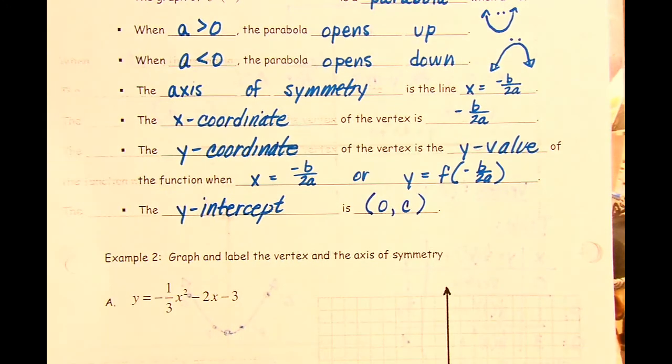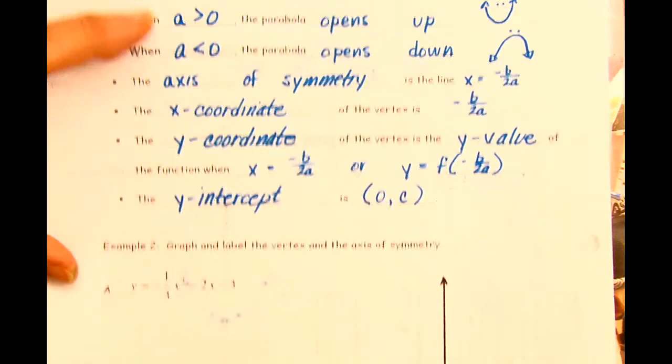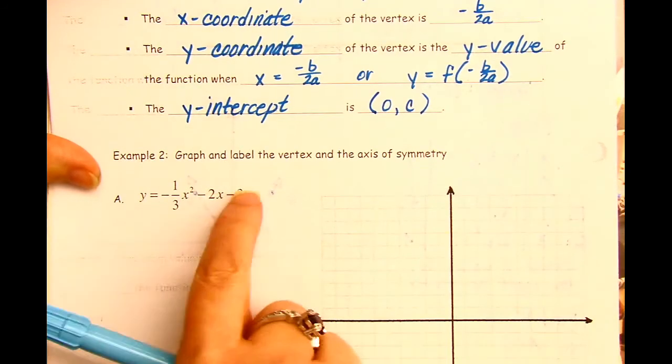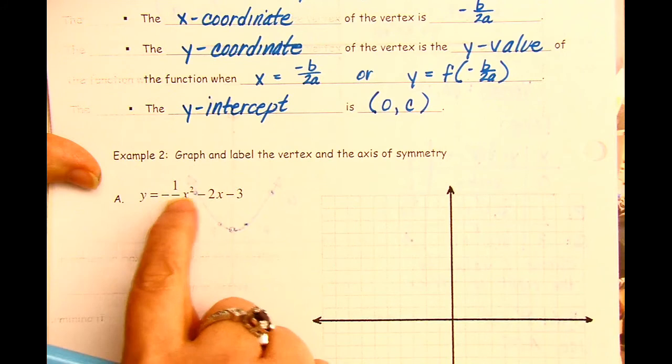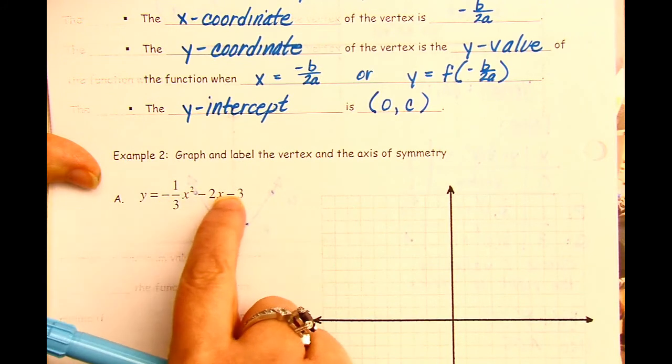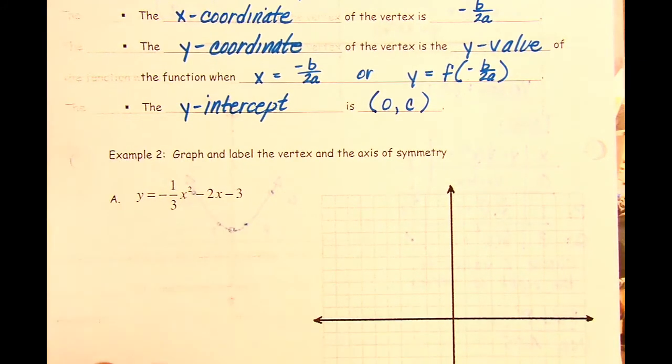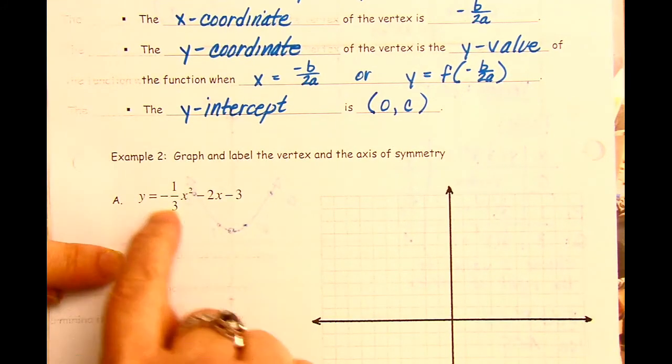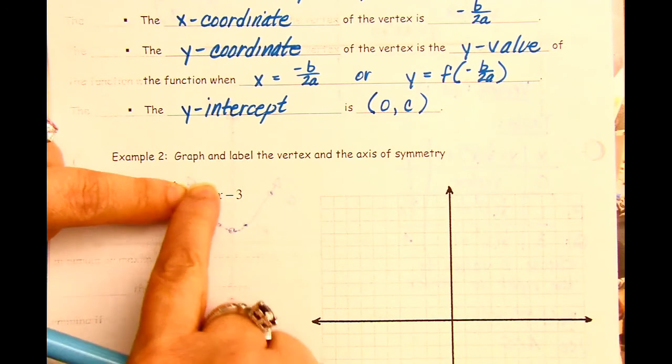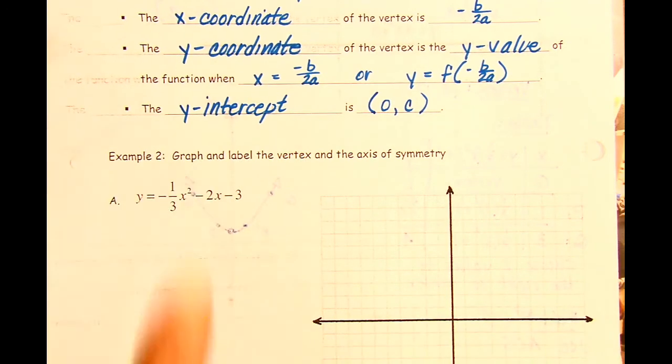So all we do is substitute a 0 into the function and calculate it. But look here. This is ax squared plus bx plus c. If I put zeros in here, it doesn't matter what's going on here. That's going to be 0, that's going to be 0, and you're going to be left with negative 3. So it is the c value, that constant on the end of your function, as long as it's in standard form.